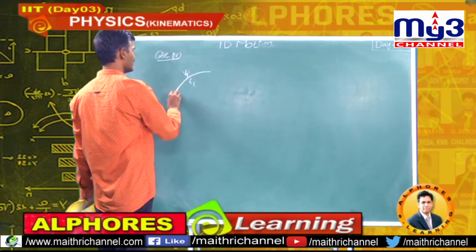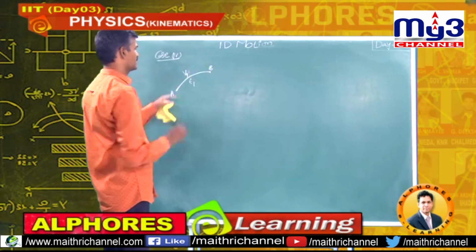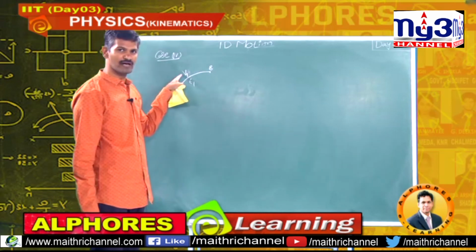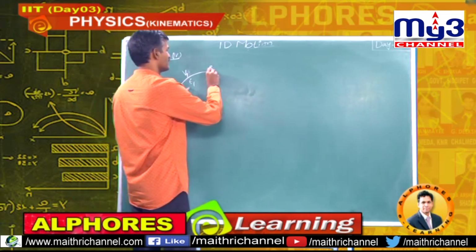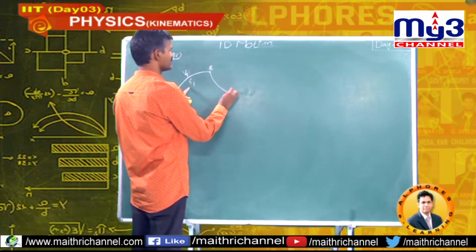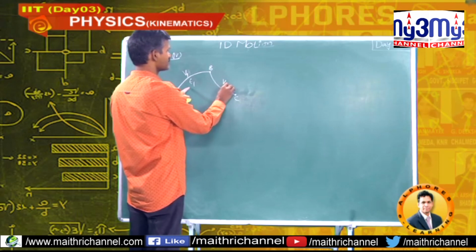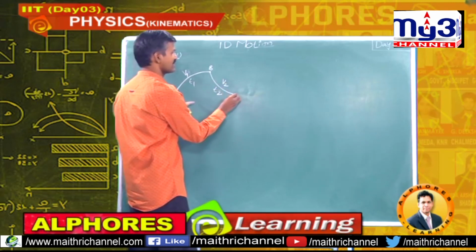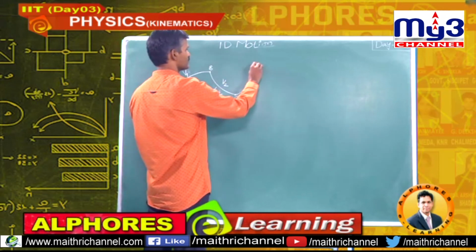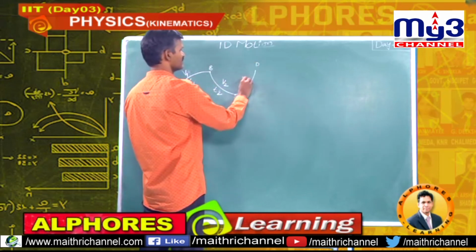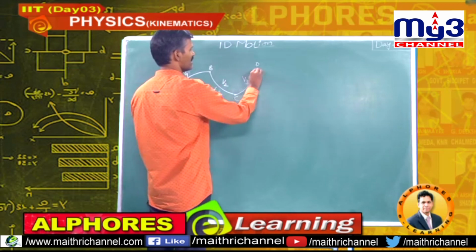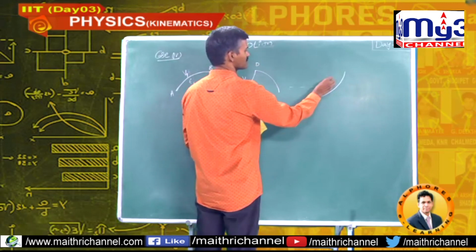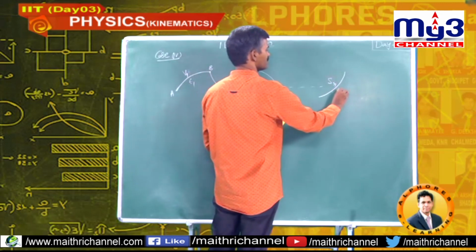It travels from A to B with the speed V1 in time interval T1, and it travels from B to C with the speed V2 in time interval T2. Similarly, it travels from C to D with the speed V3 in time interval T3, and so on. It continues its journey; its last leg is some Sn in time Tn.